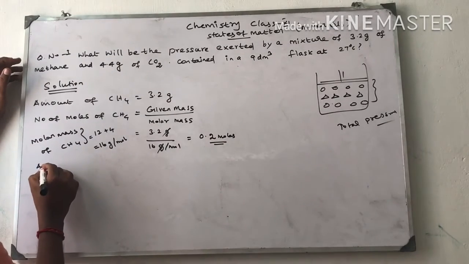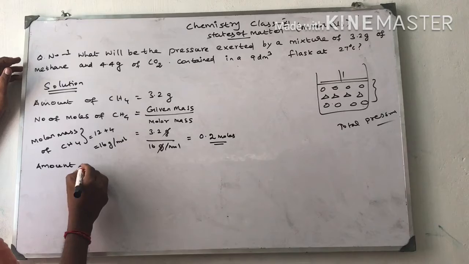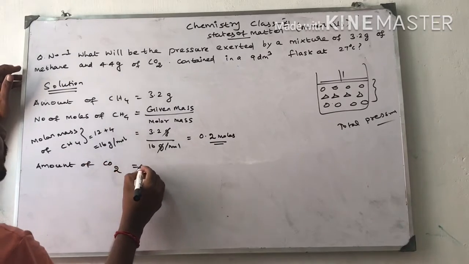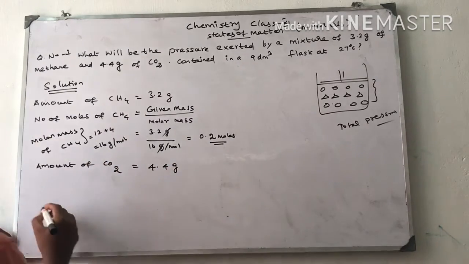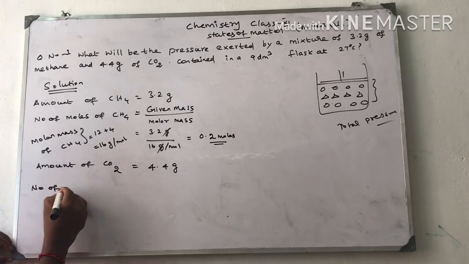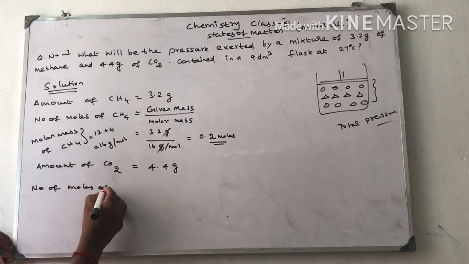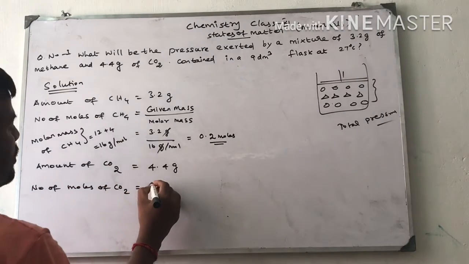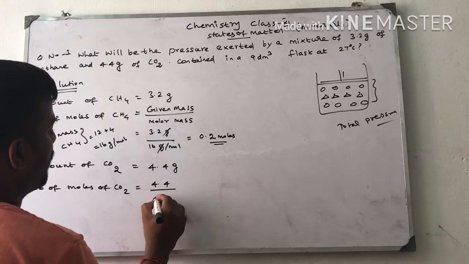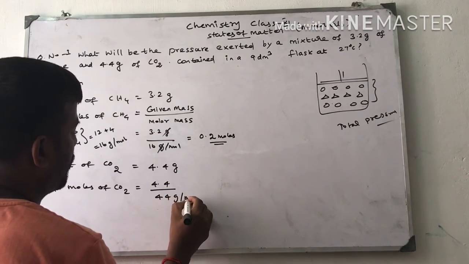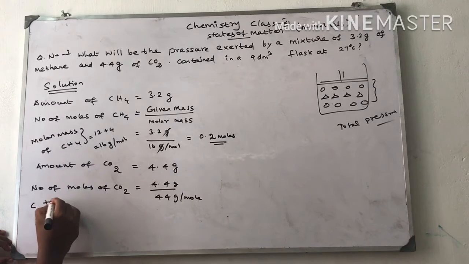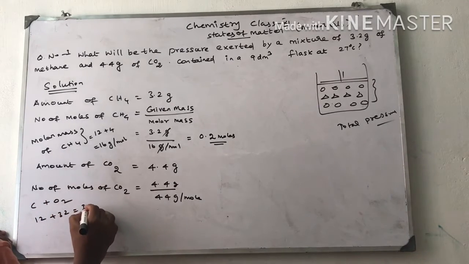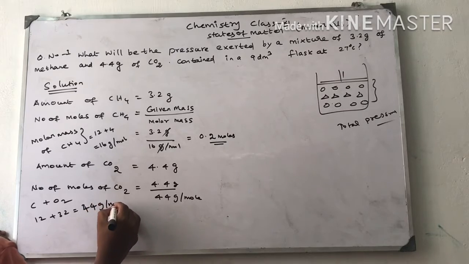Next, amount of carbon dioxide is equal to 4.4 gram. Number of moles of carbon dioxide is equal to 4.4 divided by 44 gram per mole. Why? Because for carbon dioxide, C plus O2, 12 plus 32 is equal to 44 gram per mole.